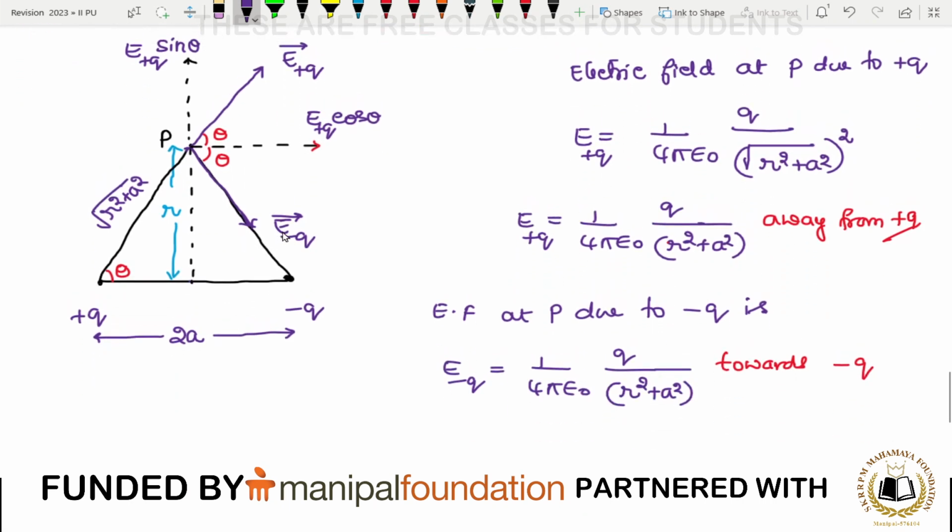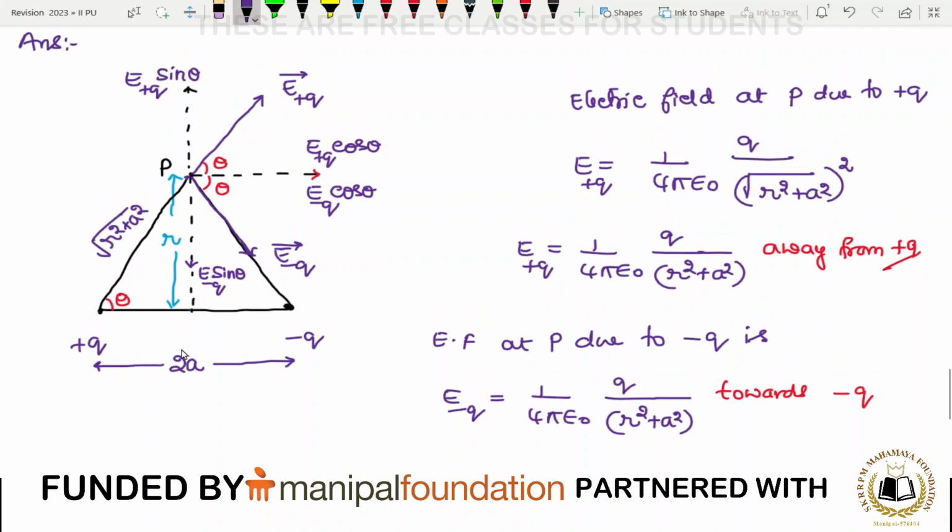So E minus Q we resolve here. It becomes E minus Q cos theta. This is in the fourth quadrant. And this becomes E minus Q sin theta. Refer to the diagram properly. Now you can observe both the angles are the same, theta itself.